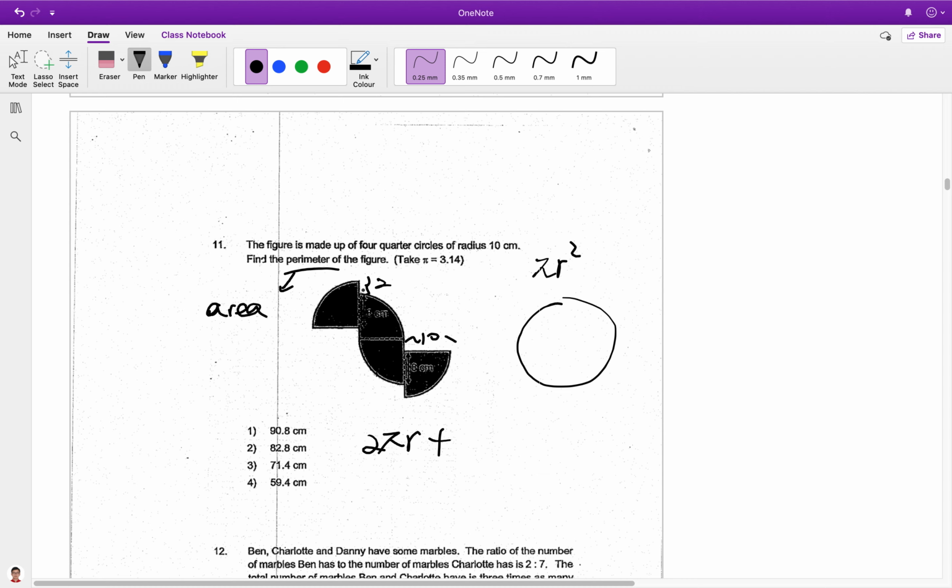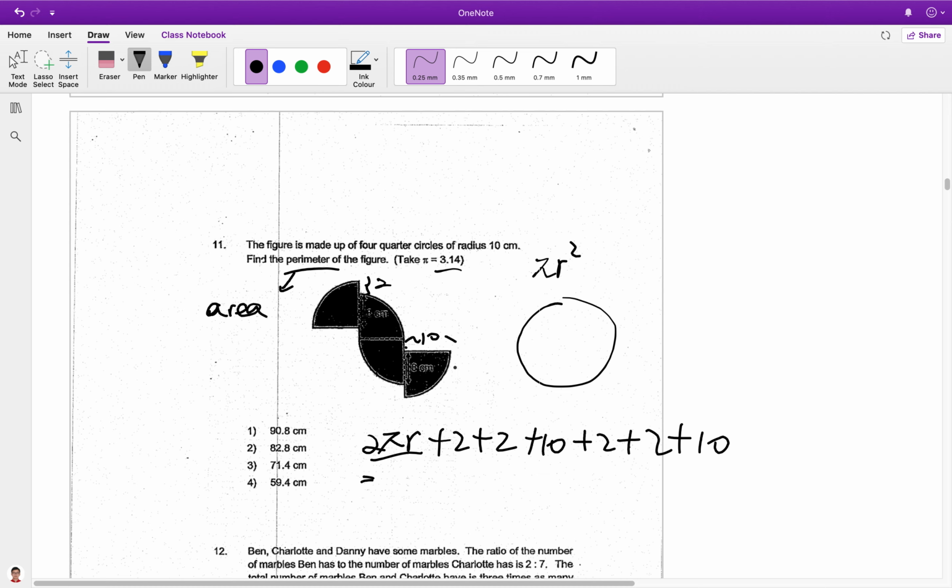We cannot miss any part. 2, 2, 2 plus 2 plus 10, right? Come here, another 2. Come here, another 2. And here, another 10. Any more? No. Then the 4 curves we already counted.